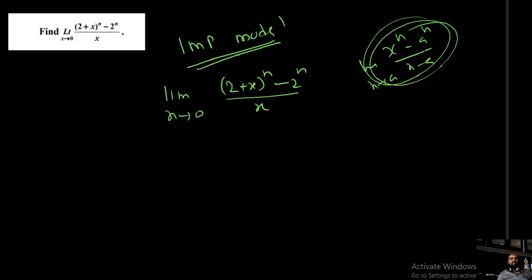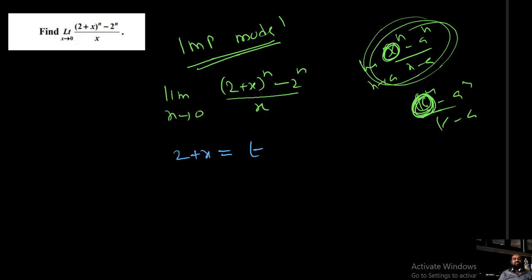So we want to change the problem. Here I want only one variable, like k power n minus a power n by k minus a, whatever it may be. That's why I take 2 plus x as some t.